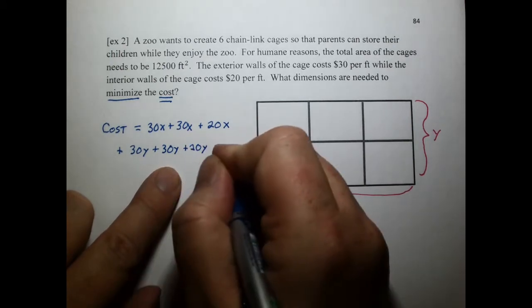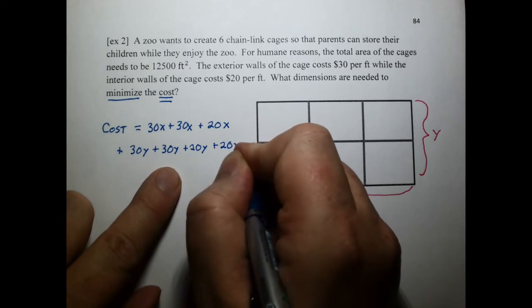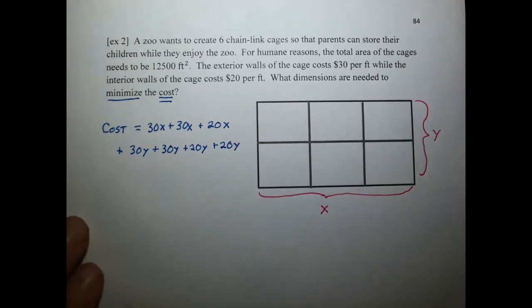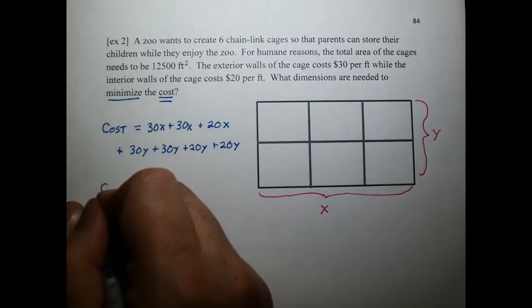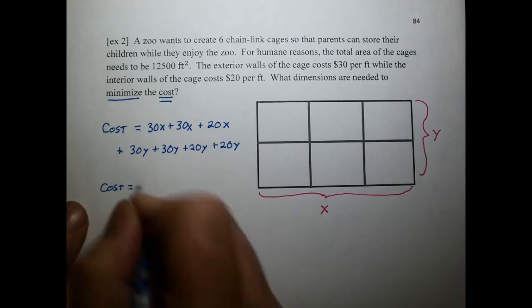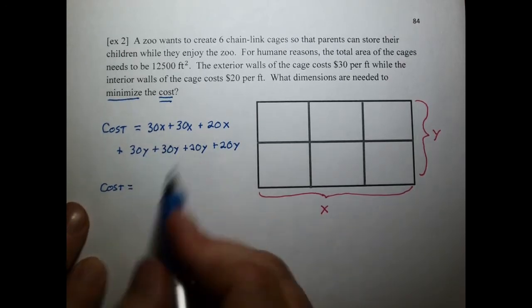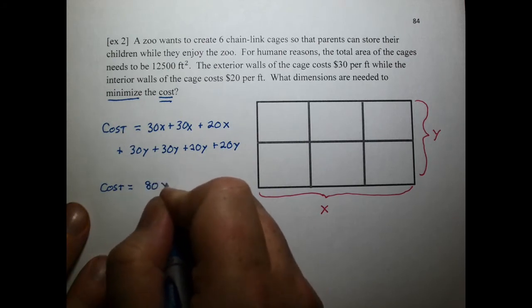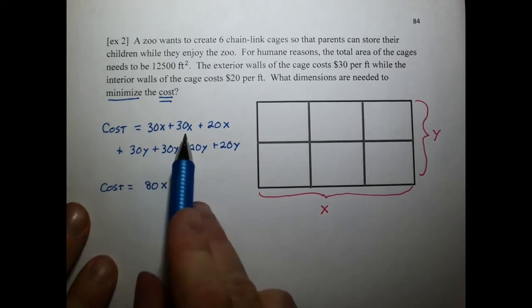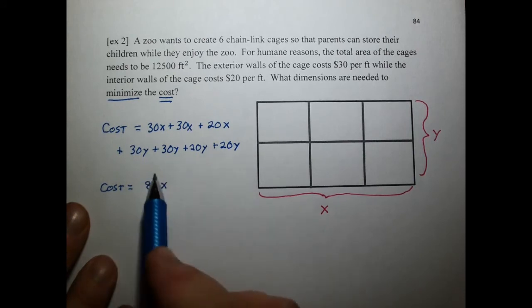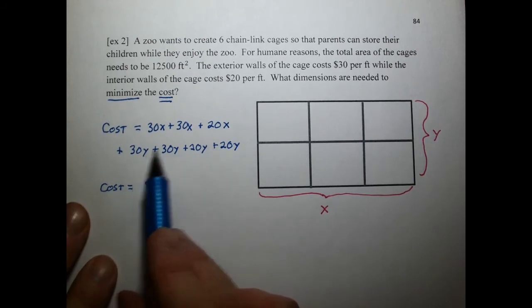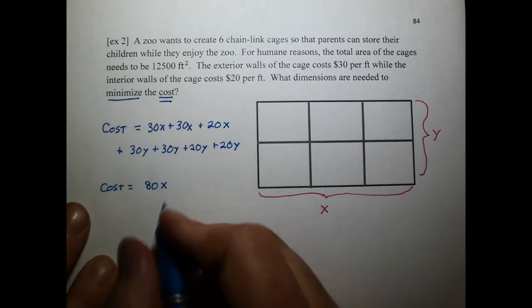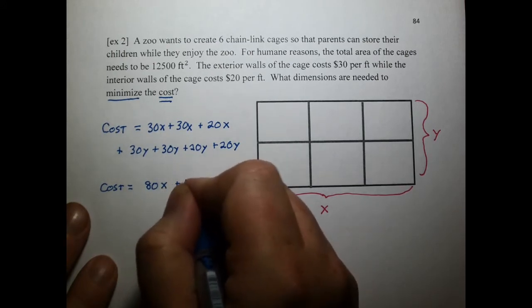So 20y and another 20y. So overall, our cost is set to be 80x, from 30, 30, and 20. And then we have 30, 30, 20, and 20, so this is going to be 100y.